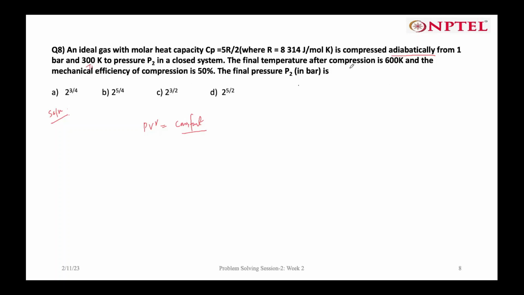We have to derive the equation here. T1, T2, P1 given. So we have to derive from this relation in terms of T1 and P1.